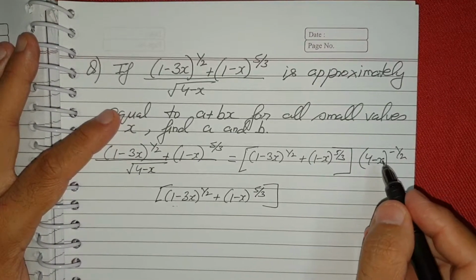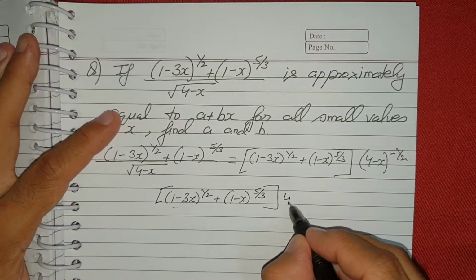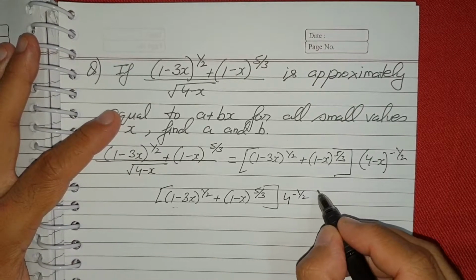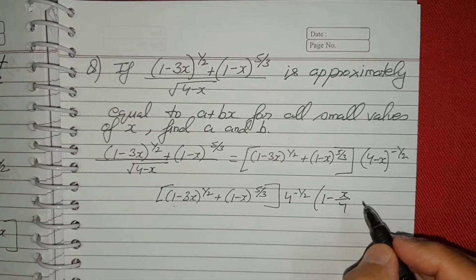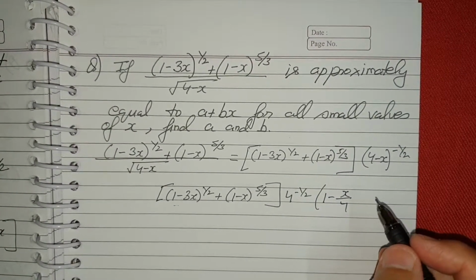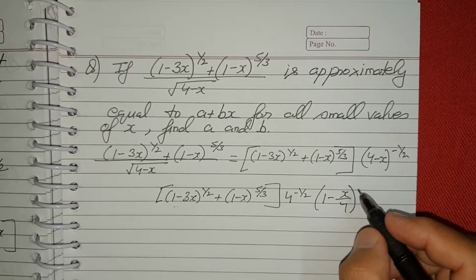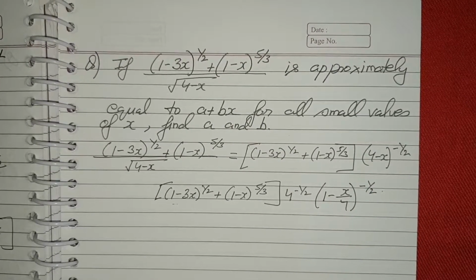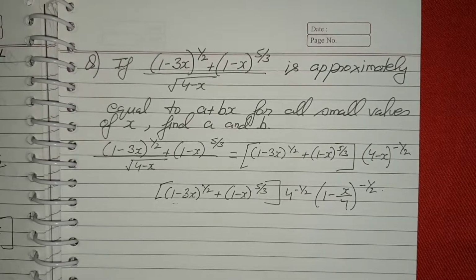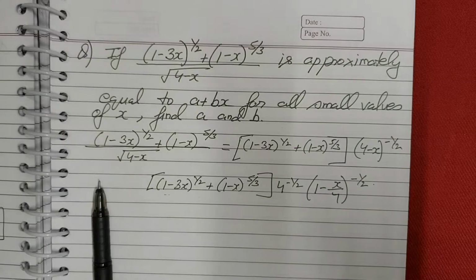You take 4 common, that is 4 to the power minus 1 by 2, and this will be 1 minus x by 4. So this will be 1 minus x by 4 to the whole power minus 1 by 2. Okay. So now expand this.